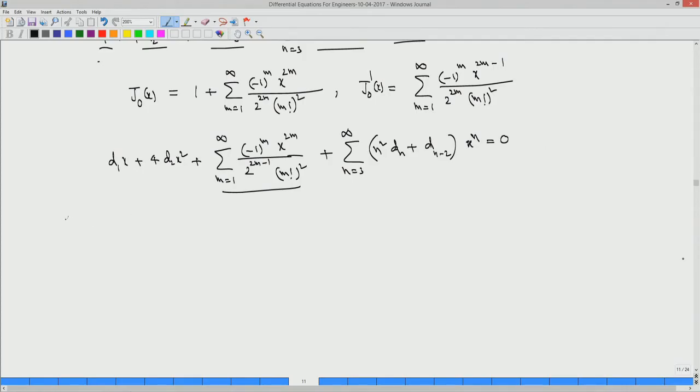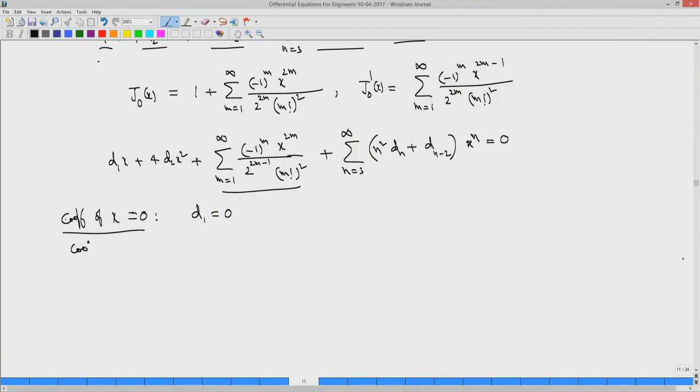So you equate the coefficients. The coefficient of x equal to 0 gives d1 equal to 0, since d1 is the coefficient of x.